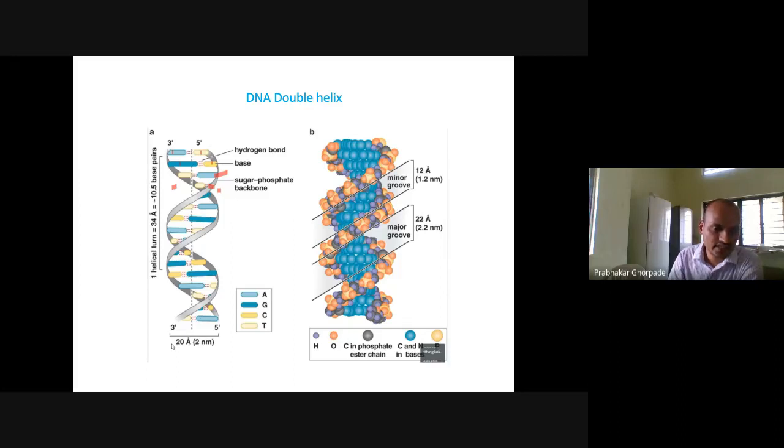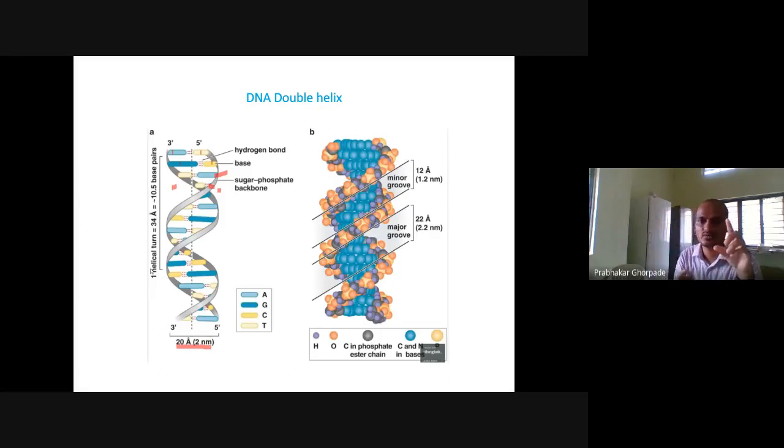Next is the diameter. 20 angstrom units, that is 2 nanometers, is the diameter of DNA. One helical turn contains 34 angstrom units. If you see one complete helix, it is 34 angstrom units, and it should contain approximately 10 or 10.5 bases.